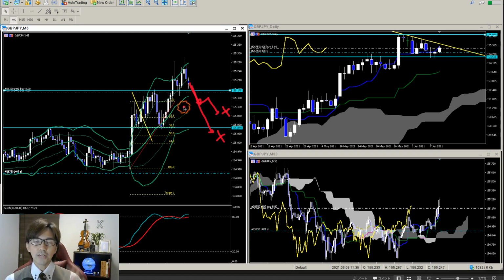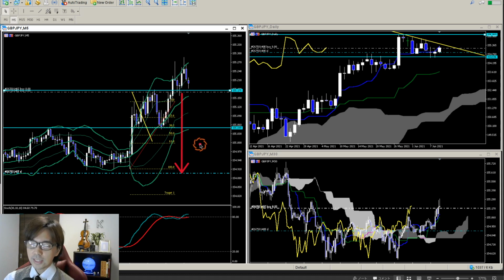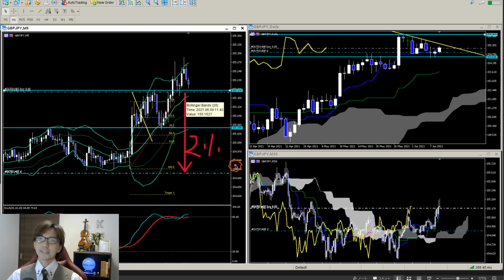So I take 2% risk per trade. So 2% means the position to the stop loss is 2%. So this is 2%. Hold on, let's see. Yeah, so position to the stop loss is 2% of my equity or of my trading balance.